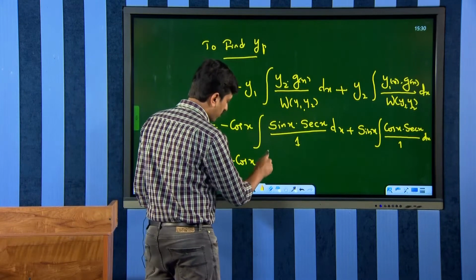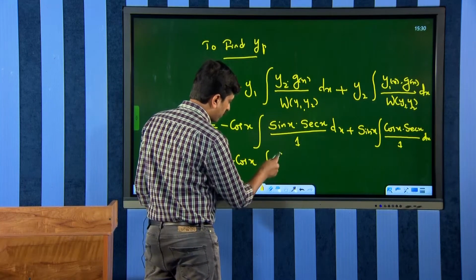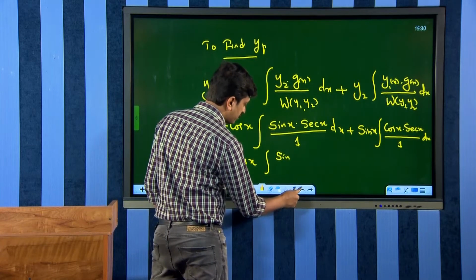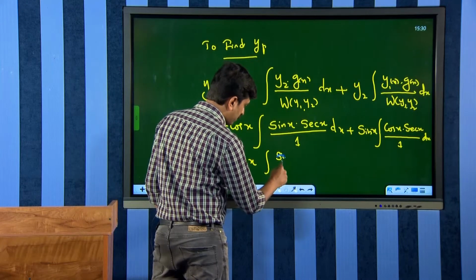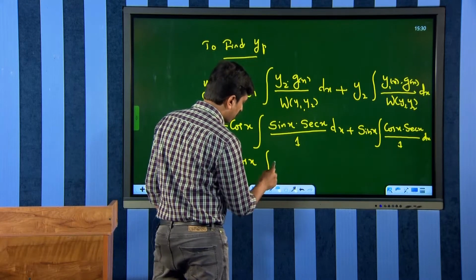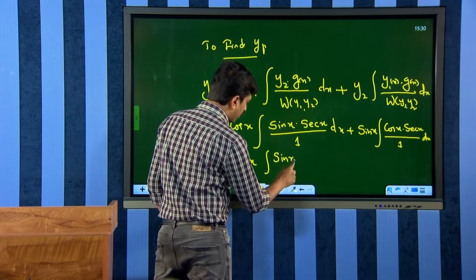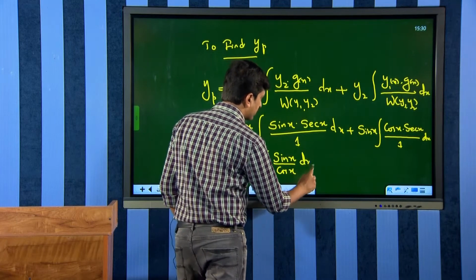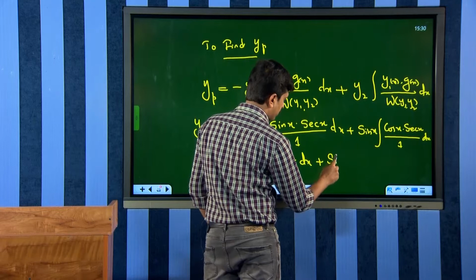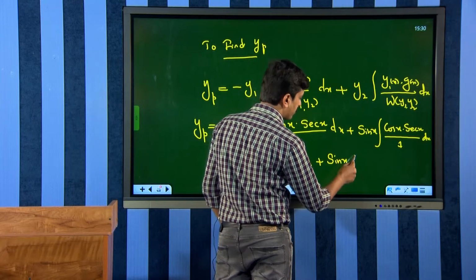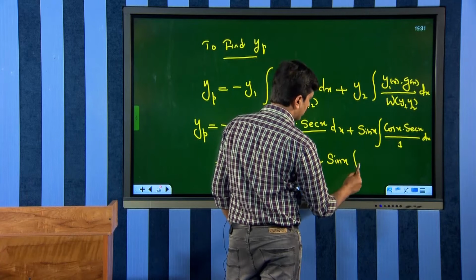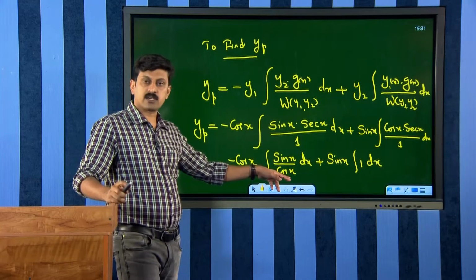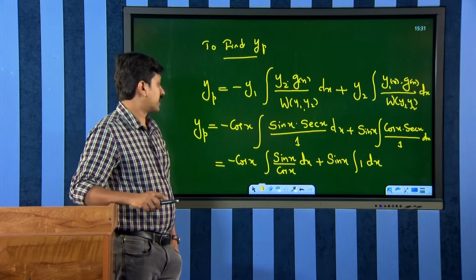So, dear students, here we have yp equal to minus cos x into the integral of sin x divided by cos x dx, plus sin x into the integral of cos x divided by cos x, that is the integral of 1 dx. Cos x has derivative minus sin x.